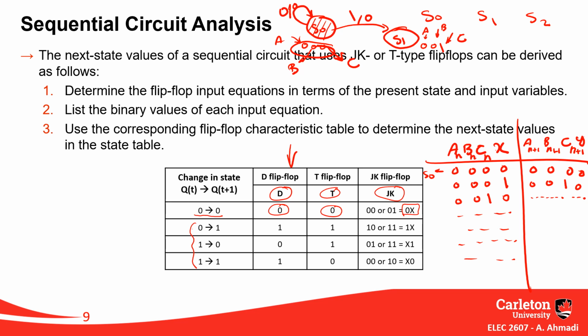When I have that, then I need to think how to change the value of a flip-flop from 0 to 0 with these inputs, from 0 to 0, from 0 to 0, right?